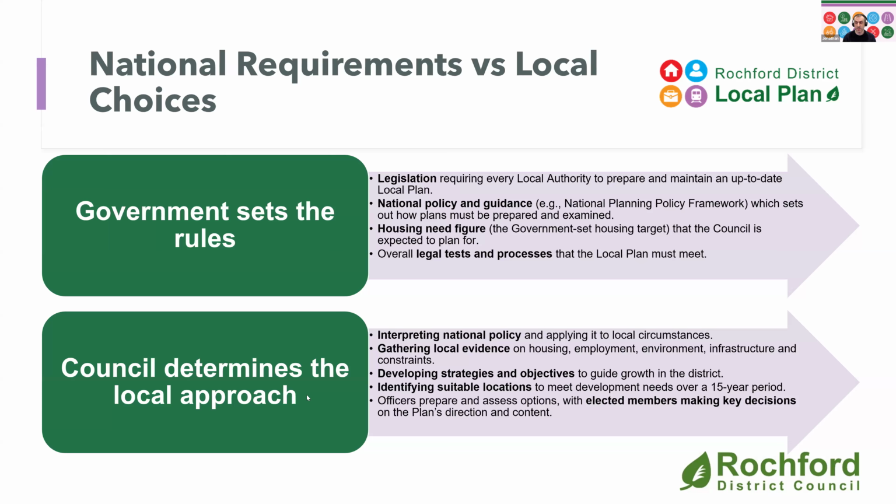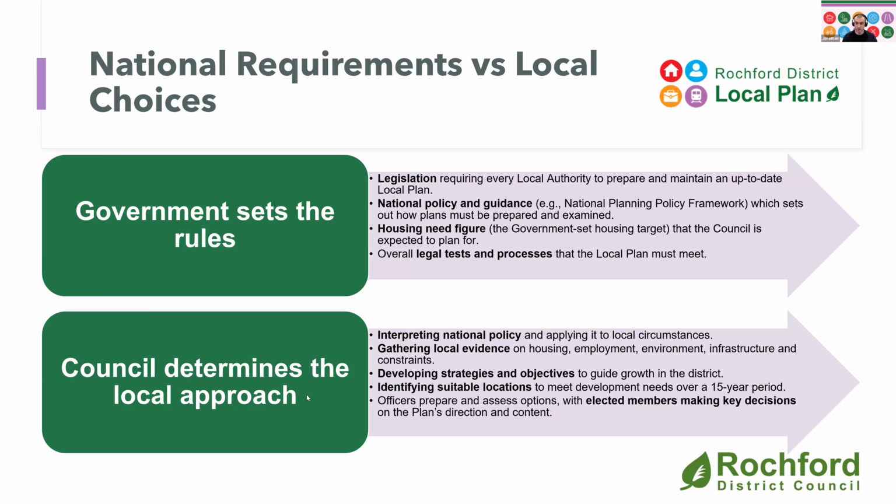Now, in terms of what that means locally for Rochford District Council, we have to ensure that we're interpreting that national policy and applying it to our local circumstances, gathering local evidence on housing, employment, environment and infrastructure constraints, developing strategies and objectives to guide growth in the district, and identifying suitable locations to meet development needs over a minimum 15-year period.